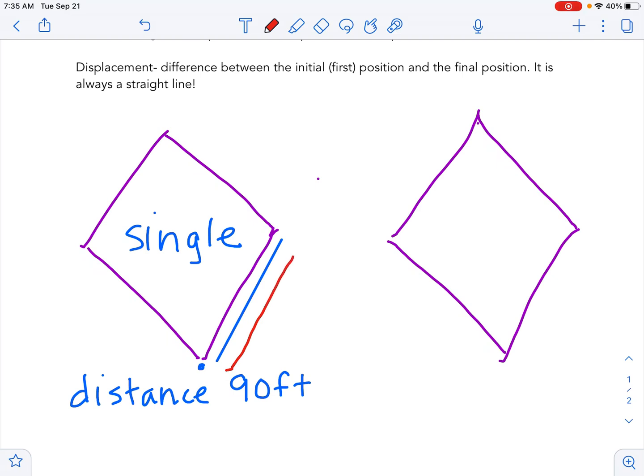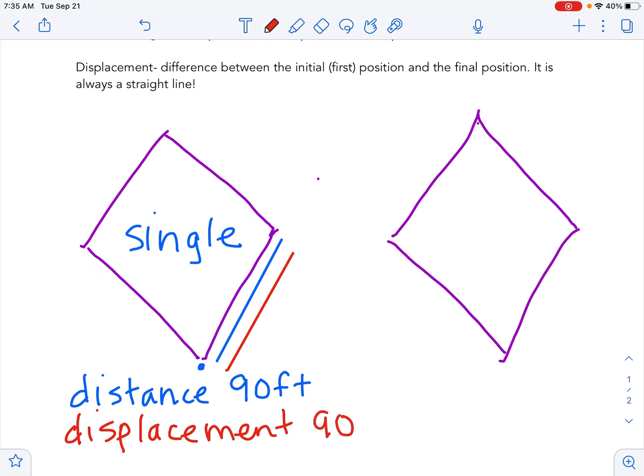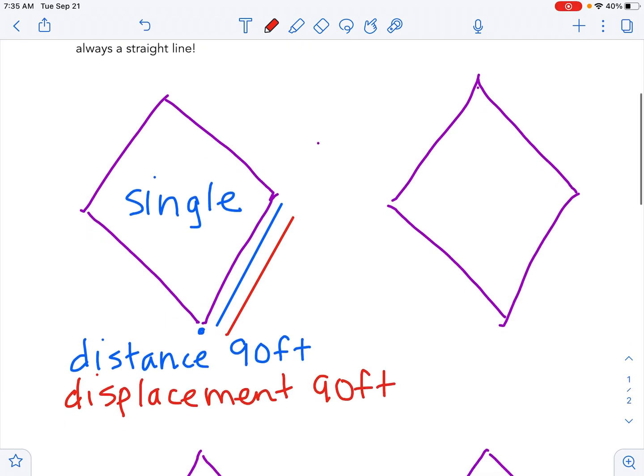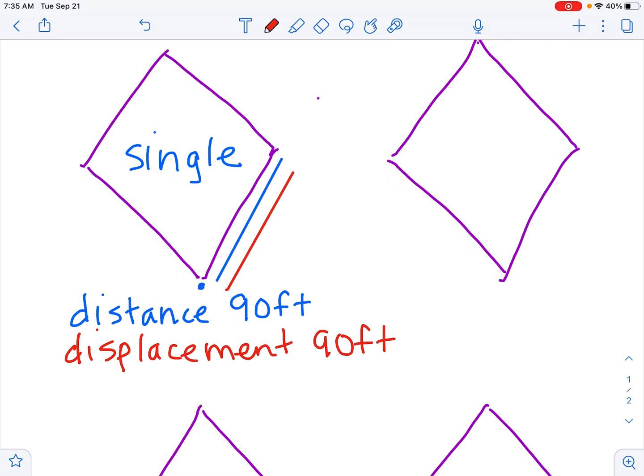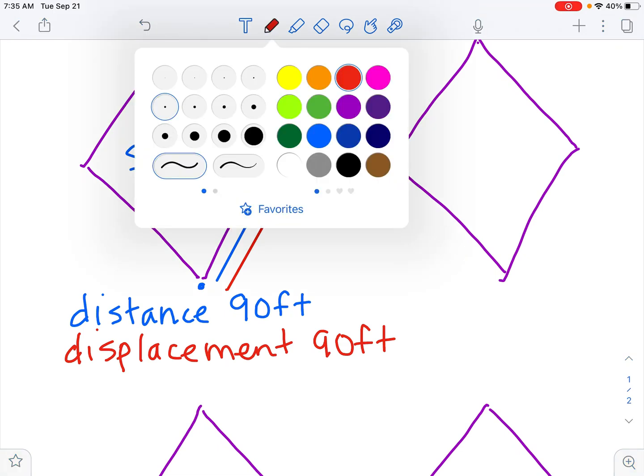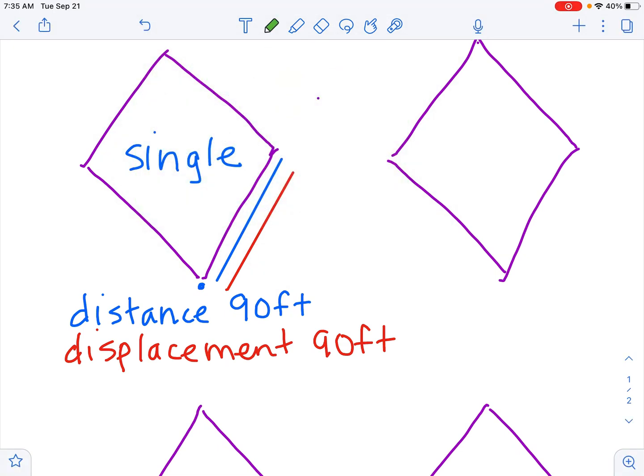So here is our beginning and here is our end. All right, so our displacement is also 90 feet. So distance and displacement is going to be the same if you are going in a straight line.